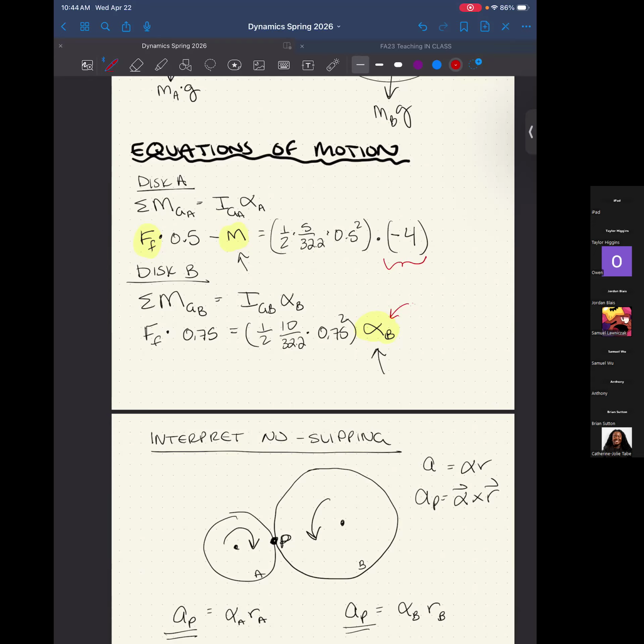Well, let's go back to the Hibbeler solution. Let's test the solution guide. It's for sure 0.233. I just did some funky things with negatives on my solution guide.